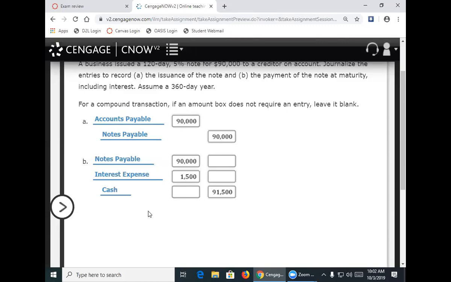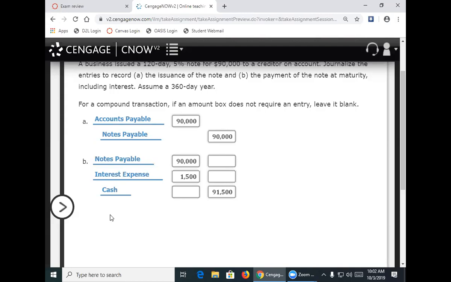On the quiz, it asks us to do the other side. Well, remember then it's going to be a note receivable on their end. So they're debiting notes receivable.